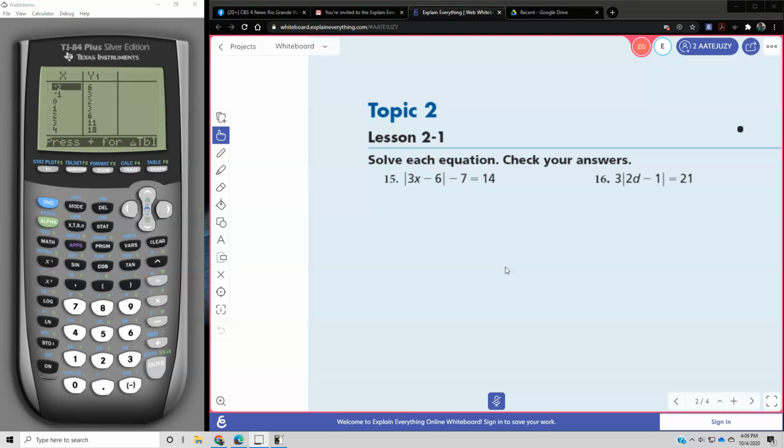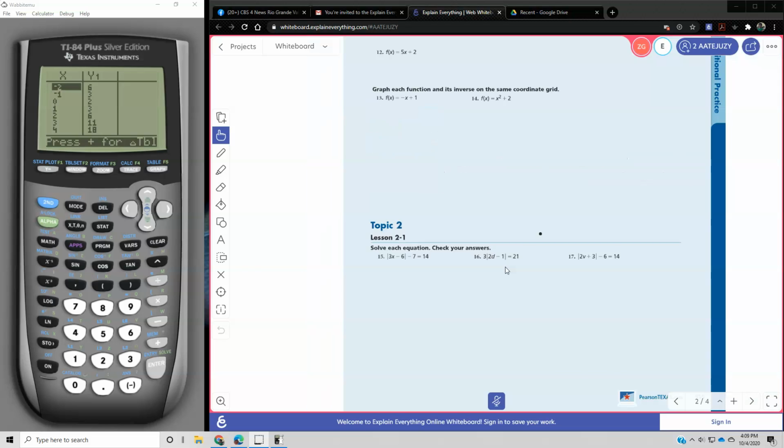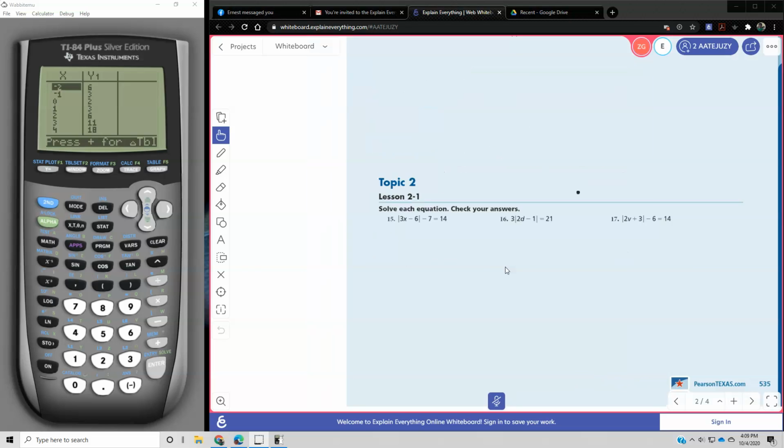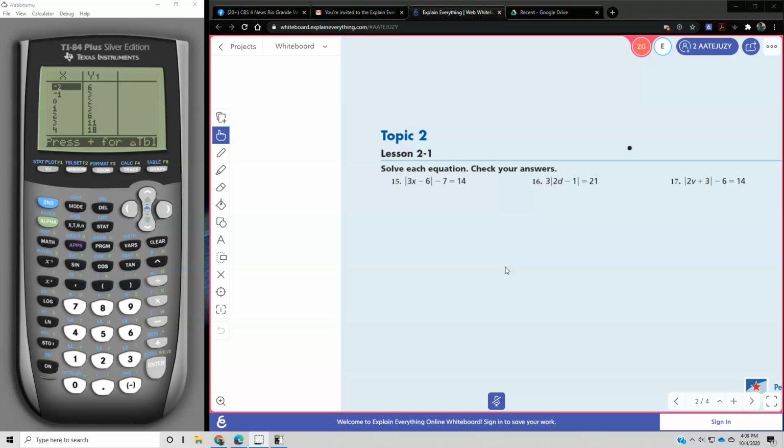Number 15, we're solving the equation absolute value of 3x minus 6, minus 7, is equal to 14. Remember that you have to work with the absolute value. So if you have a minus 7, you first have to add 7 to both sides. So you have the absolute value of 3x minus 6 equals 21.